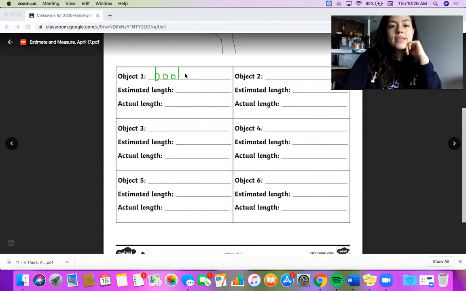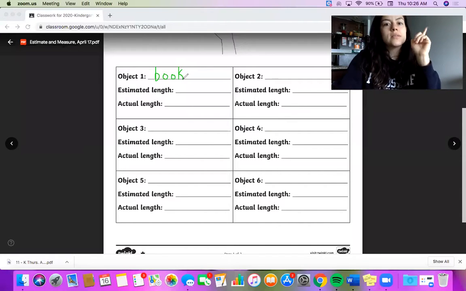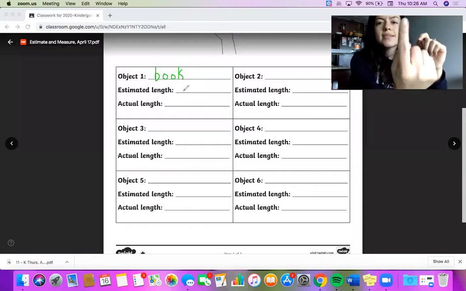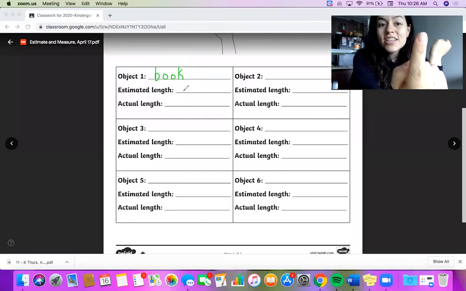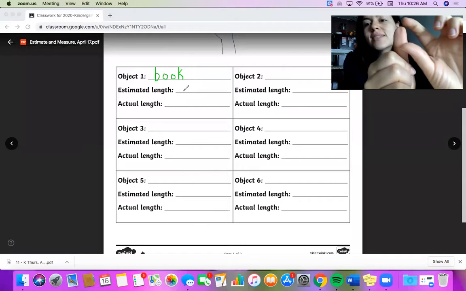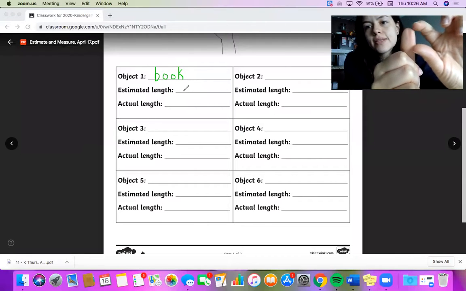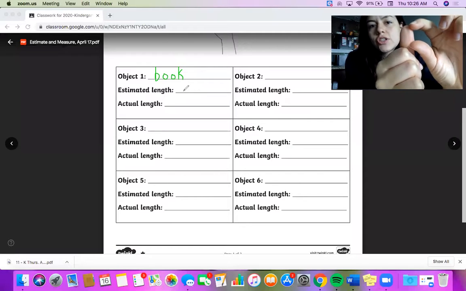And then I would need to estimate how long it is. An estimation is a smart guess. Now remember, you know that a centimeter is about the length of your nail. That's 1 centimeter. And you know that an inch is about the size of a tip of your finger. The tip of your finger is about an inch.